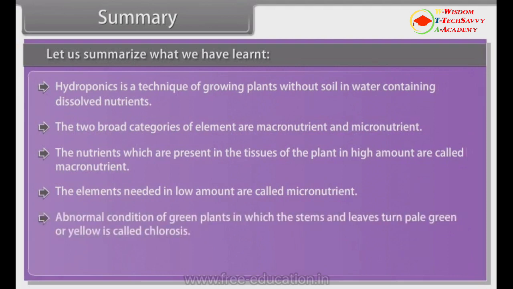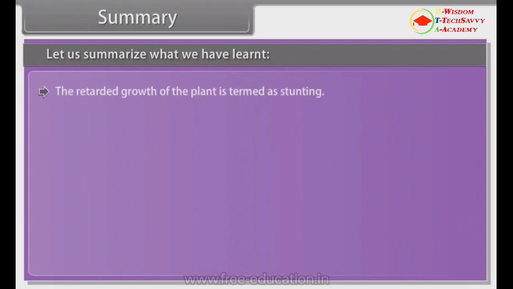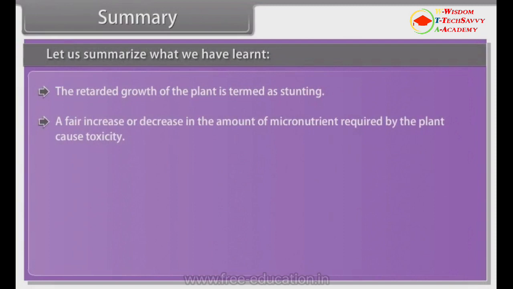Abnormal condition of green plants in which the stems and leaves turn pale, green or yellow is called chlorosis. The localized death of tissue of leaves is called necrosis. The retarded growth of the plant is termed stunting. A fair increase or decrease in the amount of micronutrient required by the plant causes toxicity.